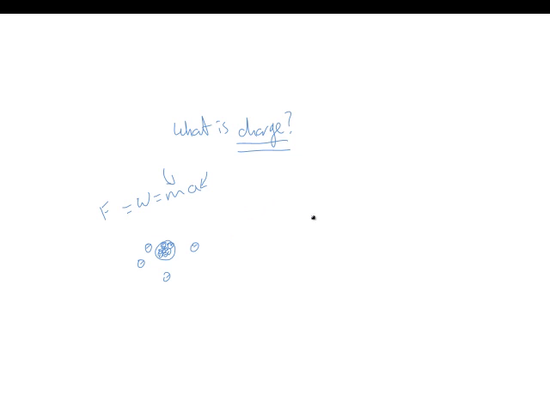Now, it turns out that every particle, so here's the electron, has this property charge, and for each one, for each particle, it's a different number. Proton and neutron.